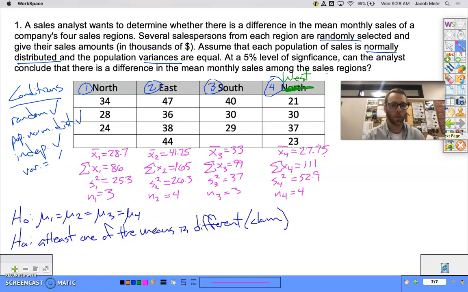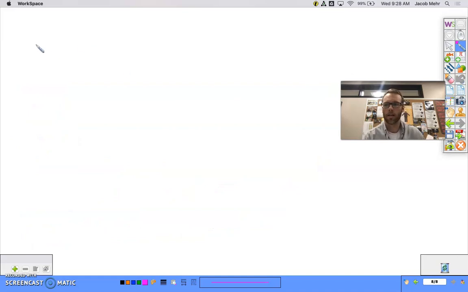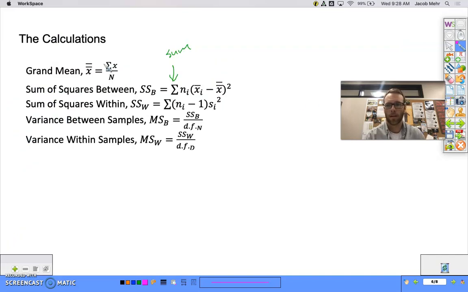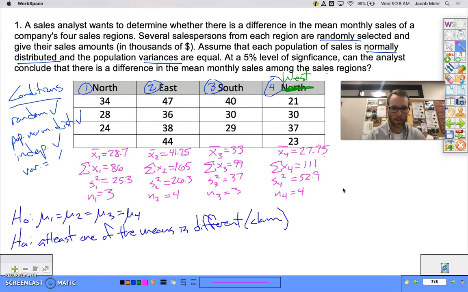Okay, now we're ready to start grooving here. First thing we need to find is the grand mean, the X with the double bar. How do we find the grand mean again? It's the sum of all the X's divided by the sum of the sample sizes. Our big N, what was our total sample? 3, 4, 3, and 4. That's 14.